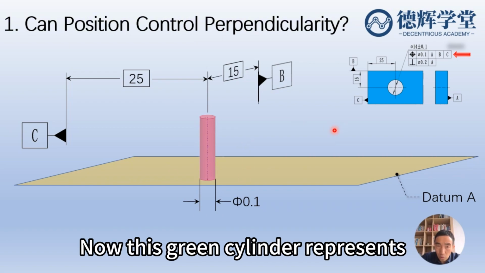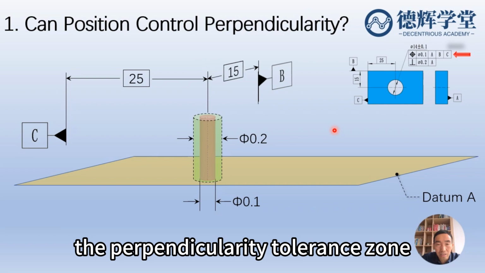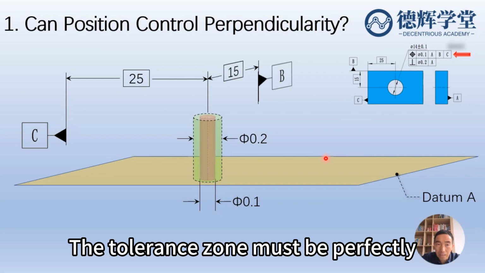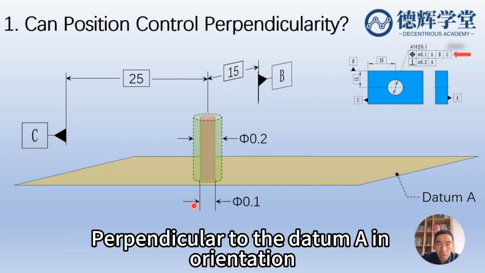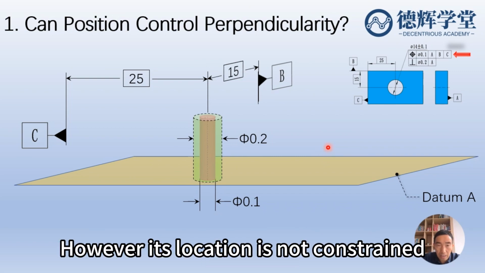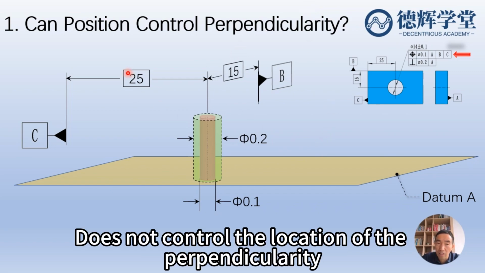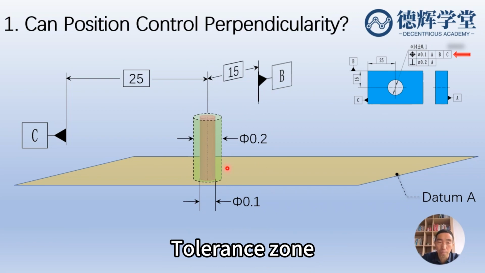Now, this green cylinder represents the perpendicularity tolerance zone. For perpendicularity, the tolerance zone must be perfectly perpendicular to datum A in orientation. However, its location is not constrained. In other words, the basic dimensions 15 and 25 do not control the location of the perpendicularity tolerance zone.